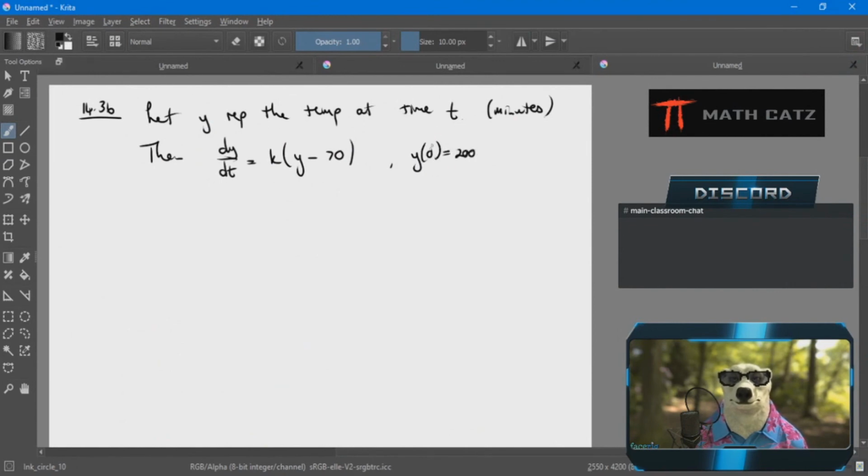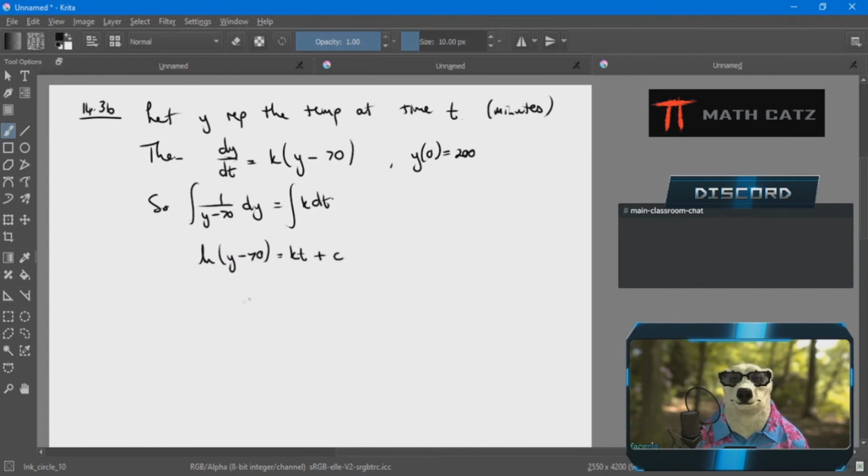So 200 degrees, the initial coffee temperature. Now, I go through the motions and solve this differential equation. It is identical to the previous one, which is perfect practice. Separate the variables, then antiderivatives, which are fairly straightforward by now, I would hope.